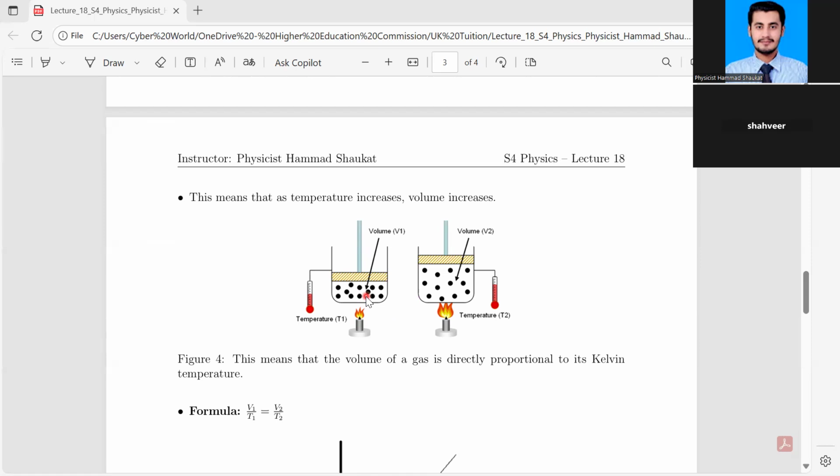And when the kinetic energy of the particles increases, we already studied that the volume increases. So you can see the volume in the second case is more as compared to this volume.